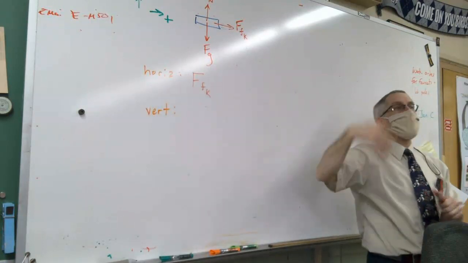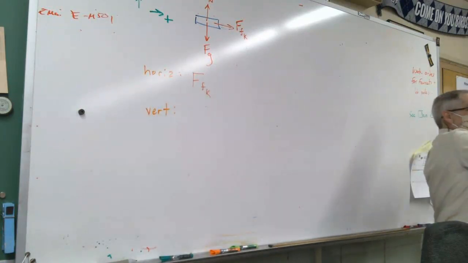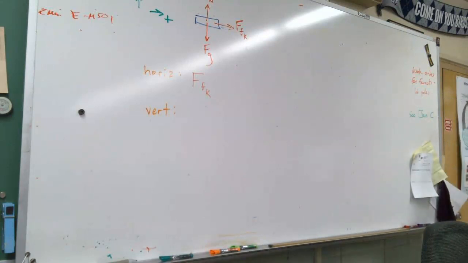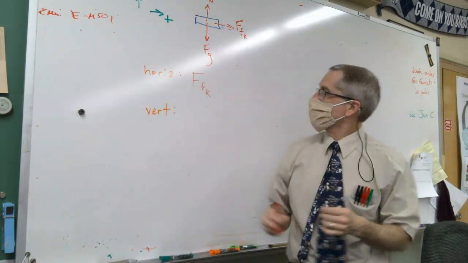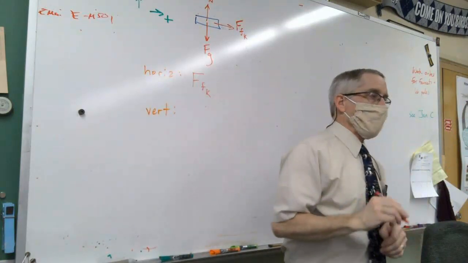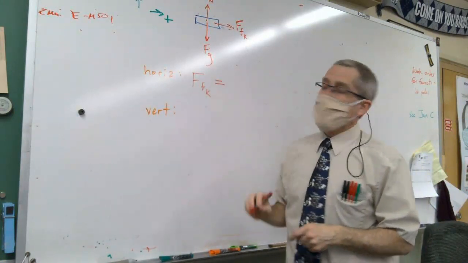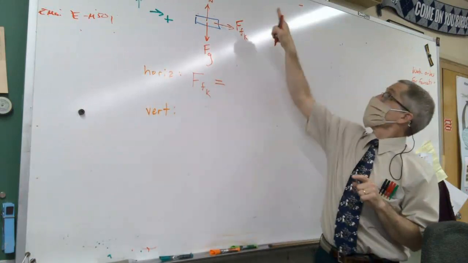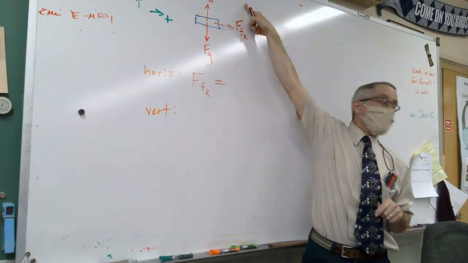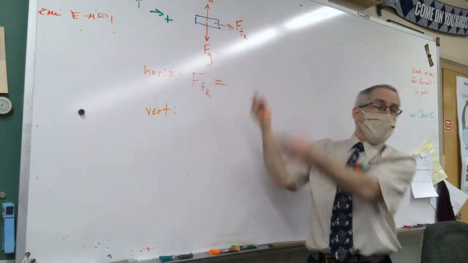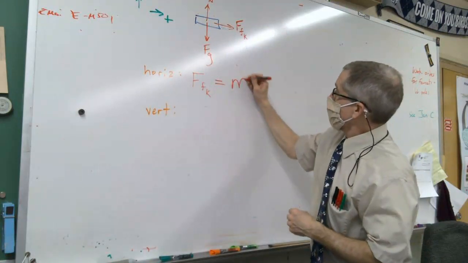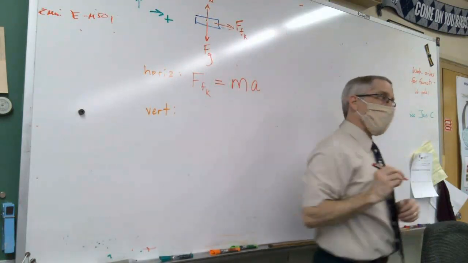We call that the net force. Net means the sum of all of them, including their directions if you have positive and negative. Easier to say net. All right, and then the last step, if you have acceleration, which, look back up here to remind yourself, yes we do, then the other side of the equation ends with ma.